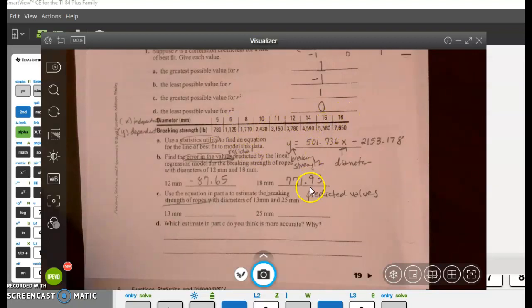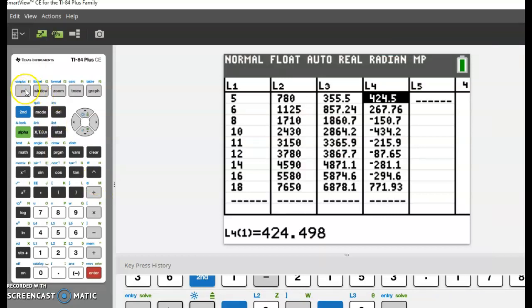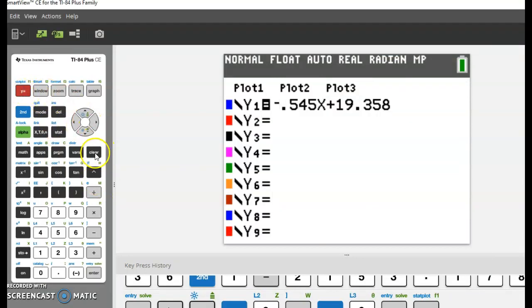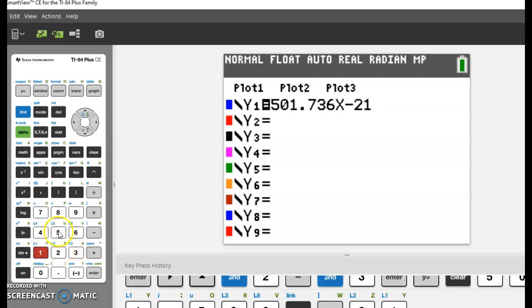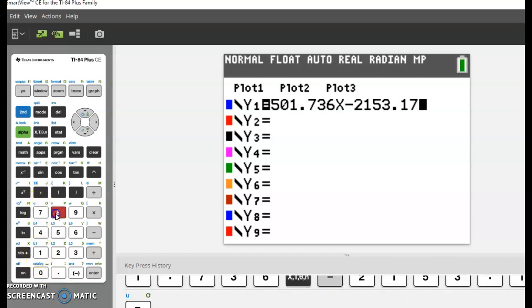So I have a choice. I can substitute the 13 in for x, and then the 25 in for x, or I can go to my calculator, go to y equals, and put the equation in, 501.736x minus 2,153.178.